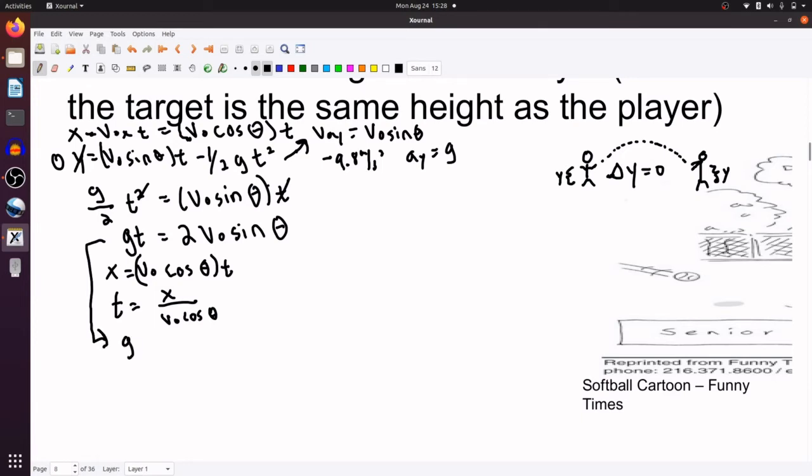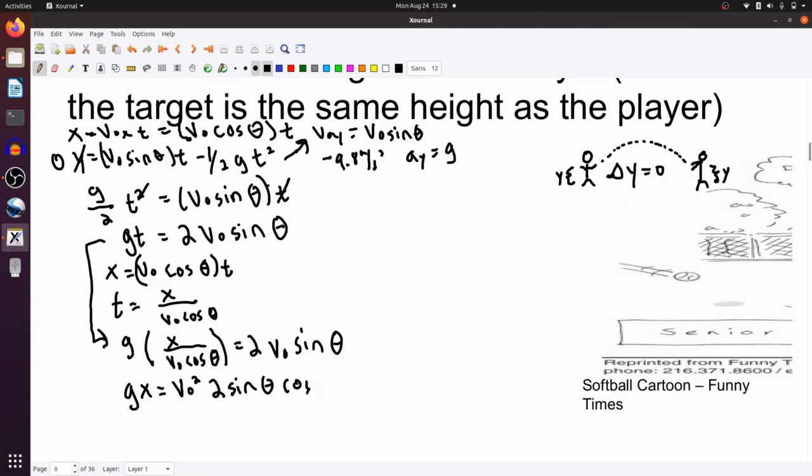That gives me g times x over v naught cosine of theta, and that's for my t. I put it in parentheses to say I made a substitution, and that's equal to 2 v naught sine theta. Let's move v naught cosine theta over the other side. So that gives me g x is equal to v naught squared times 2 sine theta cos theta.